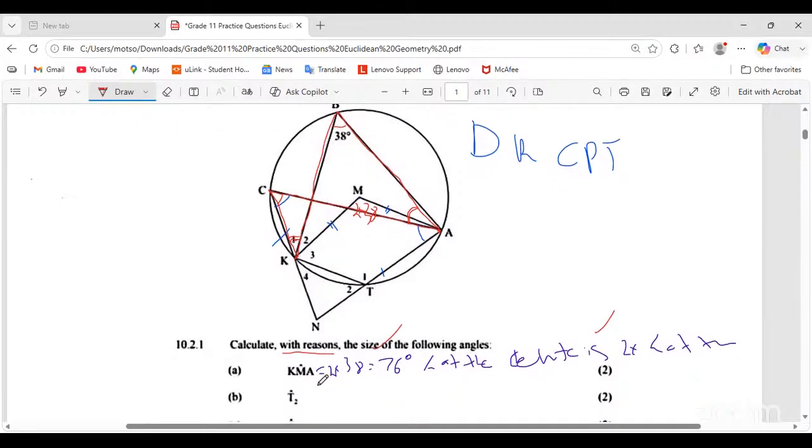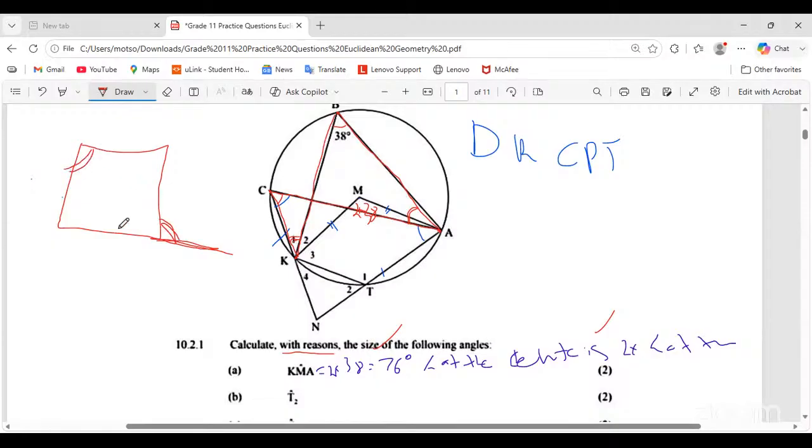Question B. We are required to find the angle T2. How are we going to find that T2? We said this is a quadrilateral. Remember, we had that theorem that said if this is a cyclic quad and you have some line that is produced somewhere here, this angle here is equal to that angle there.